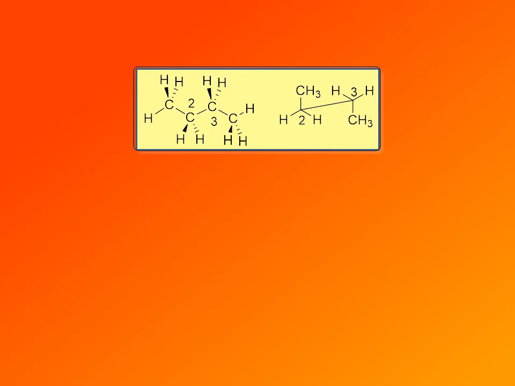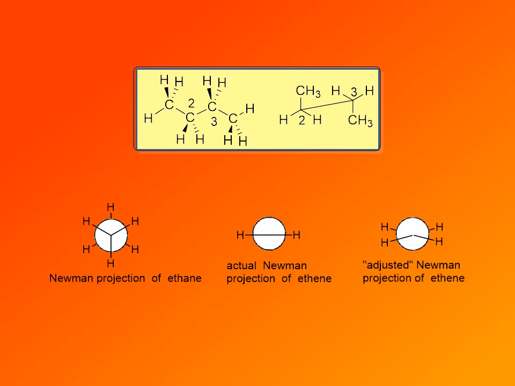Another very useful formula is the Newman projection formula. It is also used to represent stereochemistry on 2 neighboring carbon atoms, or 2 atoms in general. But now we look at the molecule along the carbon-carbon bond, for example, the C2-C3 bond. And then we represent the molecule in such a way that we only see the closer carbon atom, which is represented as a dot.